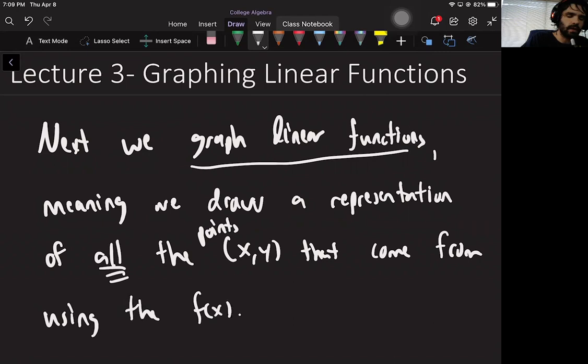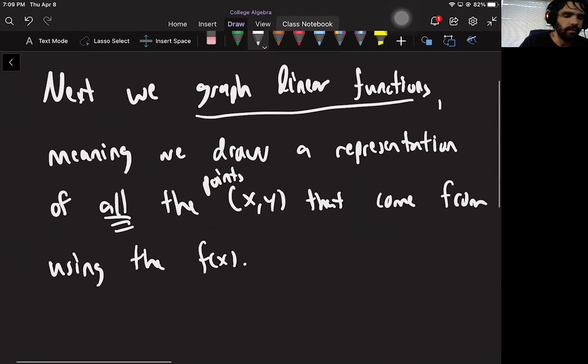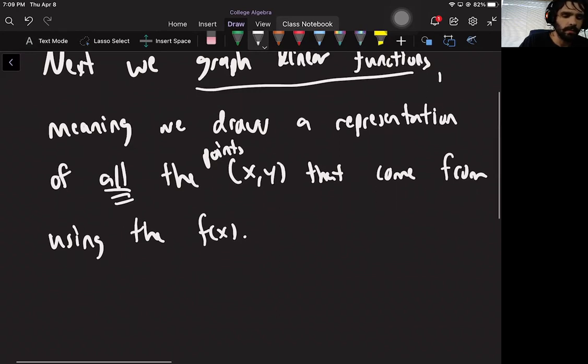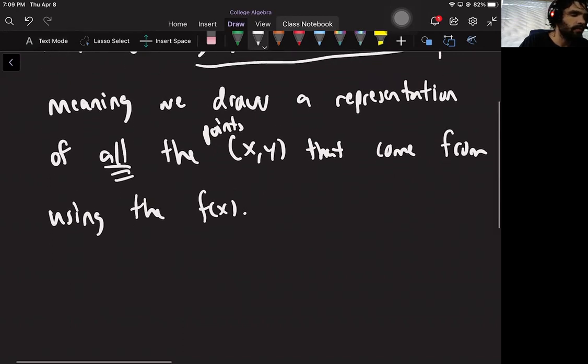So it's not like I'm just randomly drawing a picture and it has nothing to do with the linear function that you start with. No, the points that I'm drawing through are points that come from the function. So it's best to just see with an example what this means.